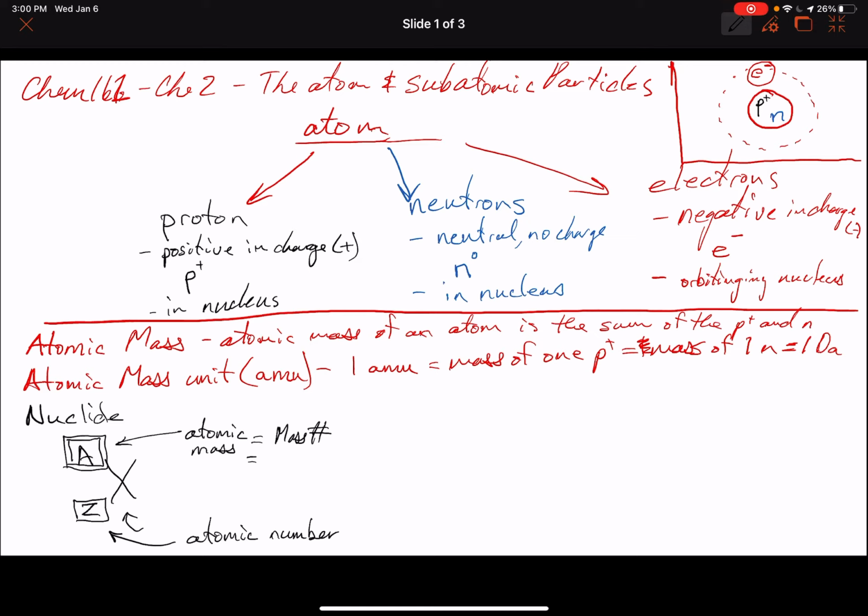So we're going to have the sum of the number of protons and neutrons. That symbol here is indicating sum of. Okay.